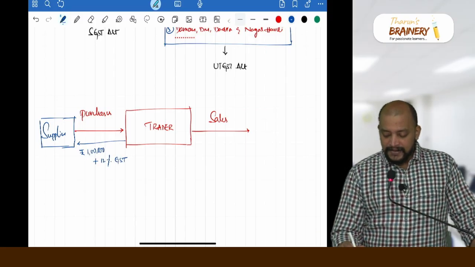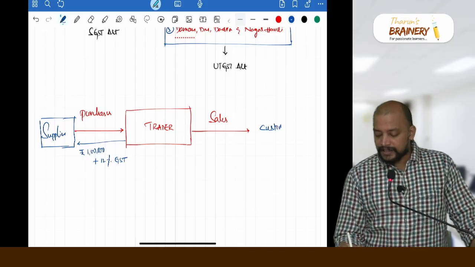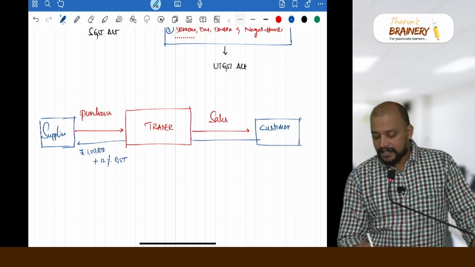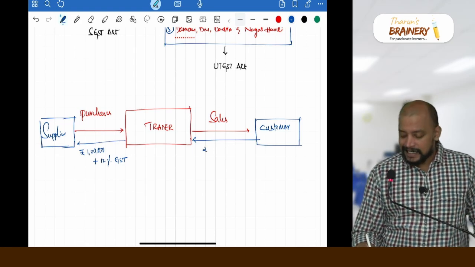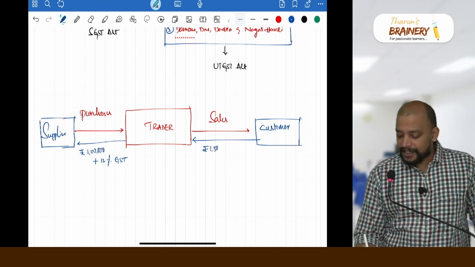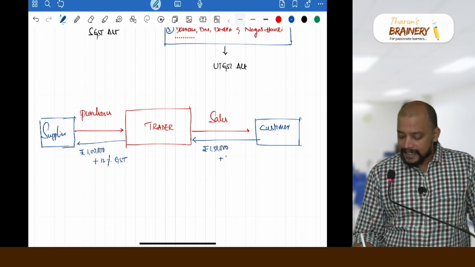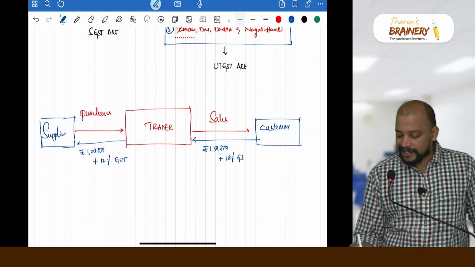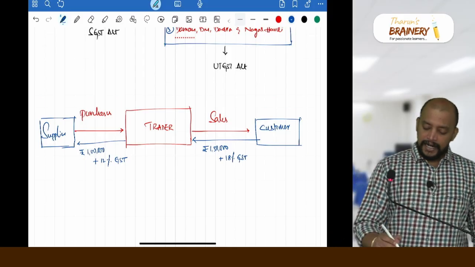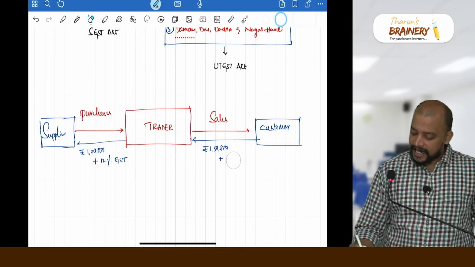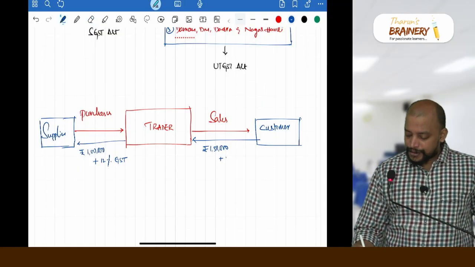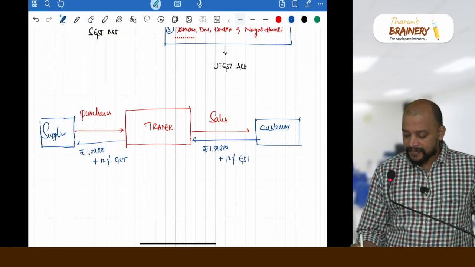And when the sale is made to the customer, the trader will get from the customer some price plus GST, say 1,50,000 plus 18% GST. Or in other words, let me keep the same rate of GST, so 12% GST.